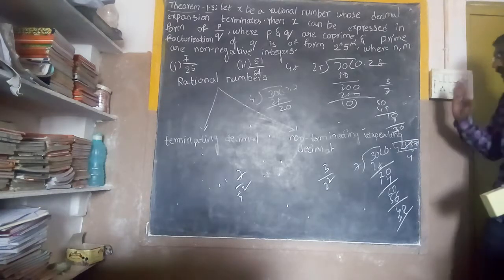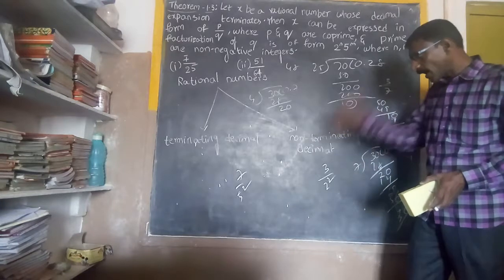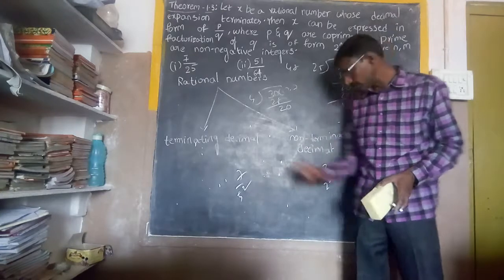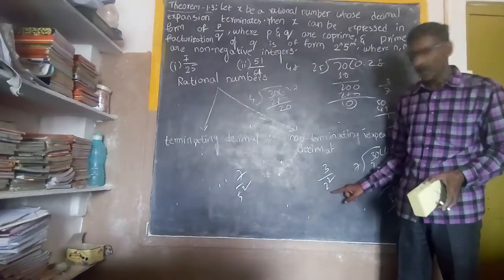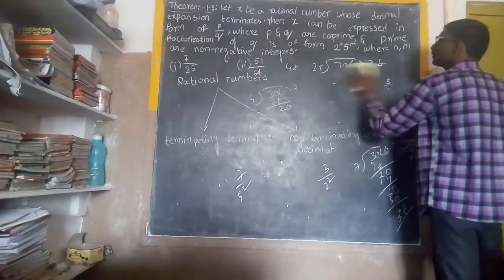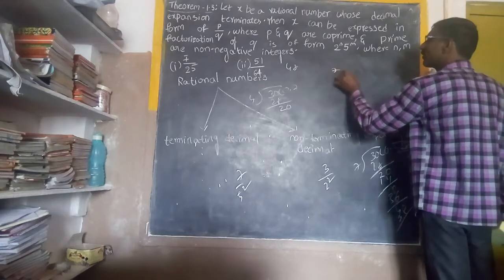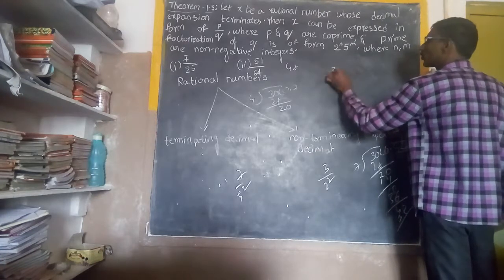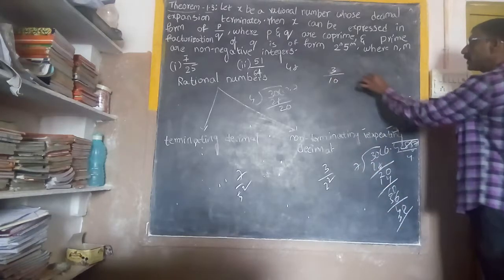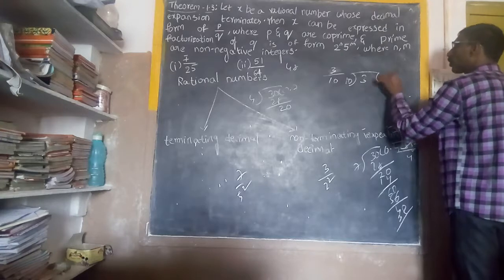So when we observe the denominators of rational numbers, if they are in the form of 5 power something or 2 power something or their product, you can take, let me take 3 by 10. 3 divides with 10, how many times? 0 point, keep 0.